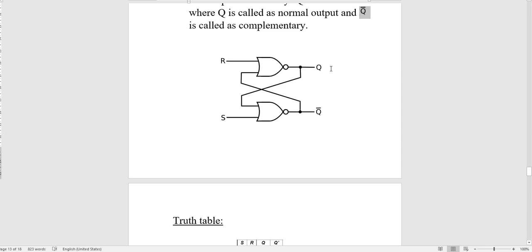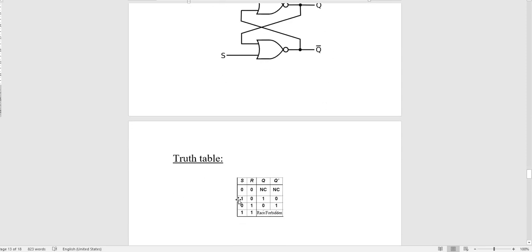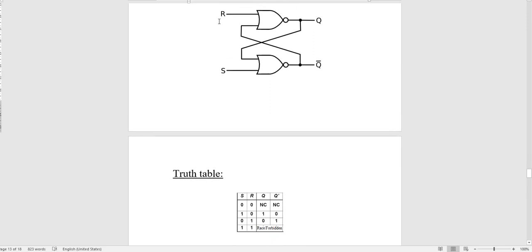Understood? So when S is 1 and R is 0, Q is 1 and Q bar is 0.